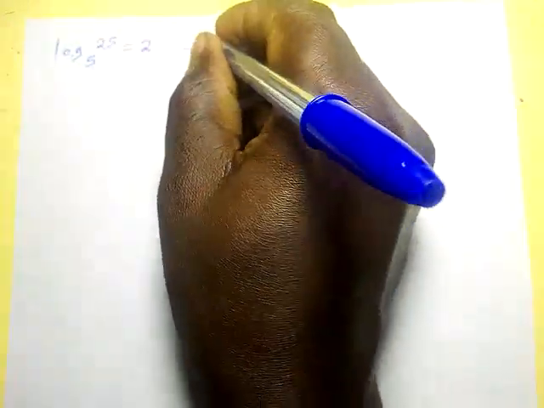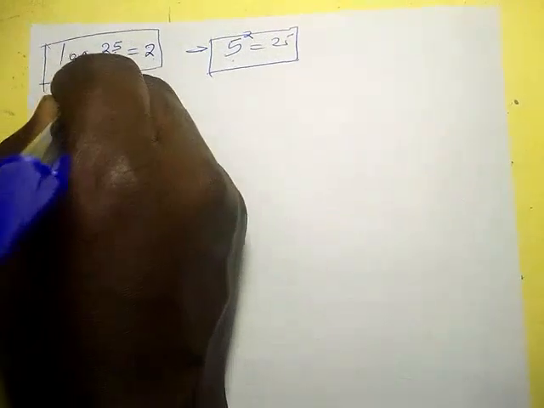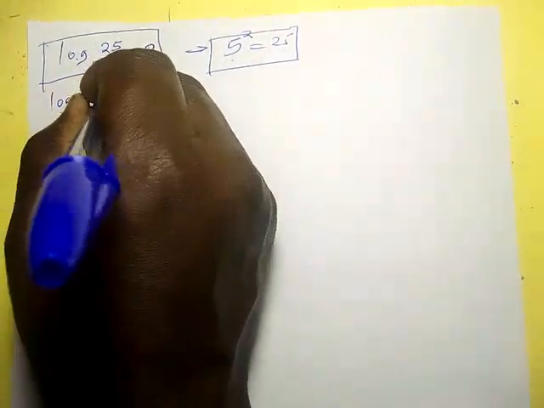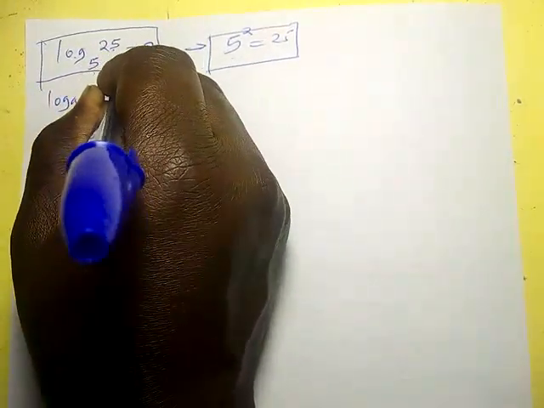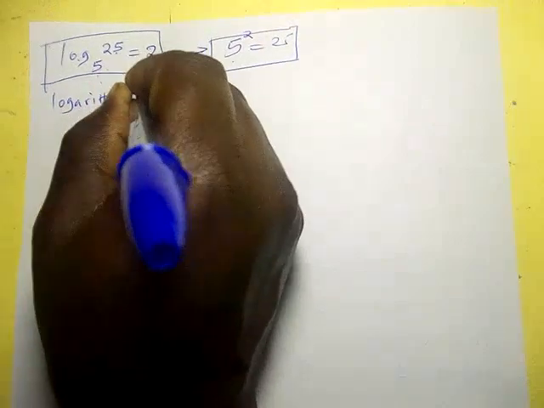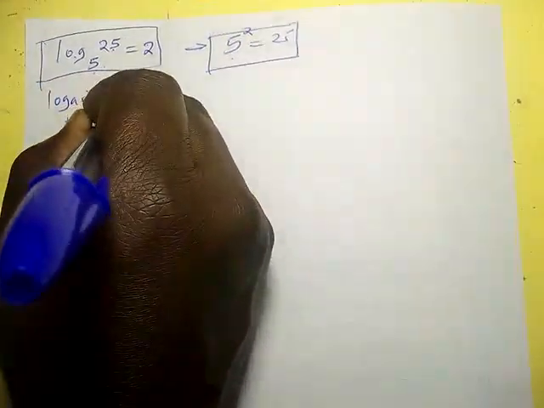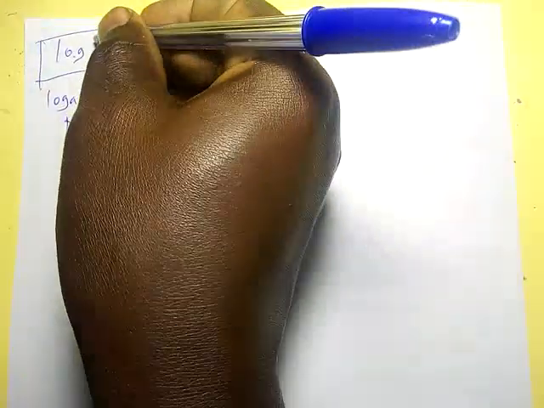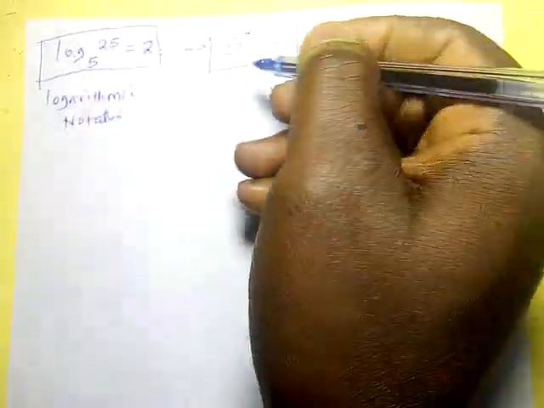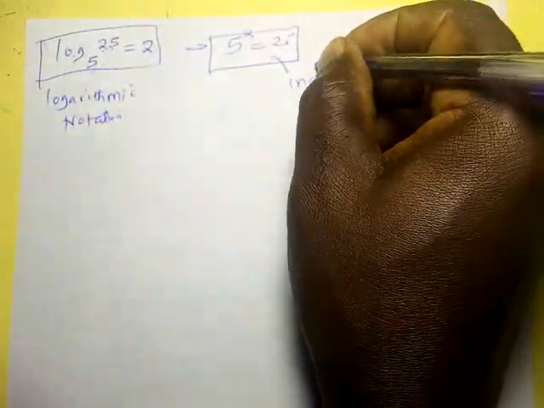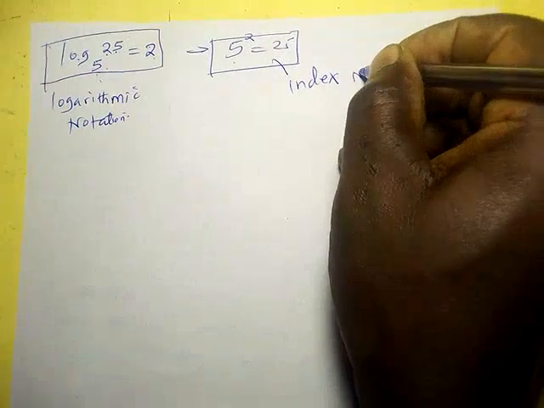Right? Now this one has its own name. This one is called logarithmic notation, and this one is called index notation.